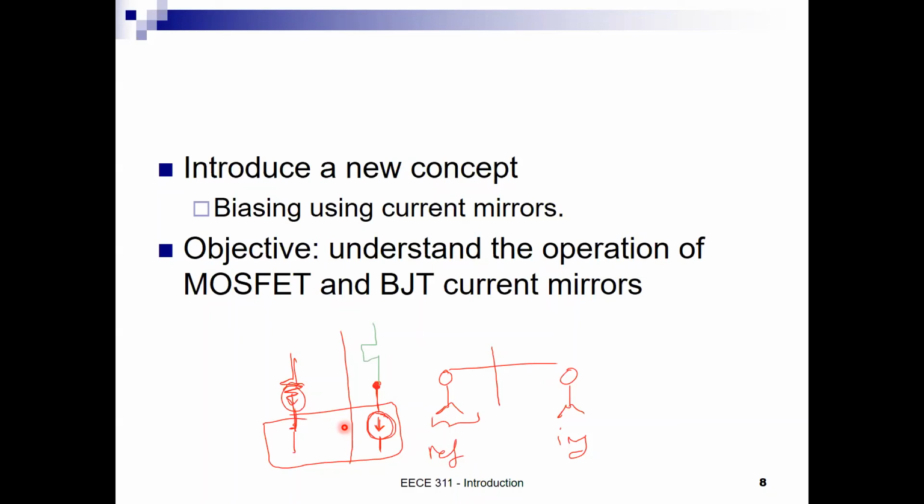And this image has the nice property that I can see myself 1x or 2x or mx. So it can enlarge me or shrink me. It can increase the current by some ratio. So these are the bias currents, the BJT or MOSFET current mirrors.